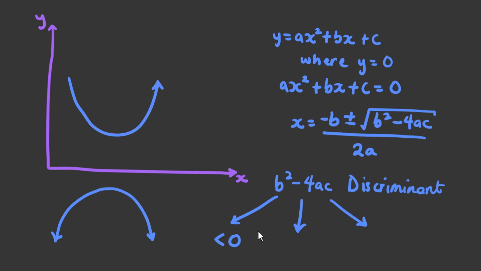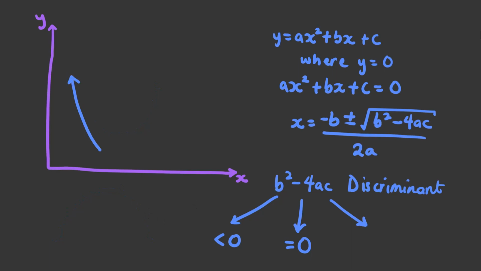The next is where our discriminant is equal to 0. We have a new graph that shows our curve just touching the x-axis, and this can be shown either this way or this way right over here. Therefore, we just have one solution.